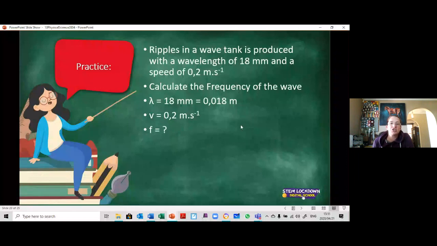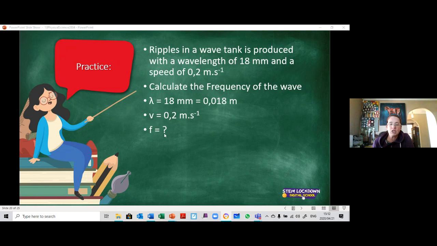I am asked to calculate the frequency. Miss P, I did the conversion straight up here. Okay. I took 18 and I divided it by 1,000 so that I can go from millimeters to meters.